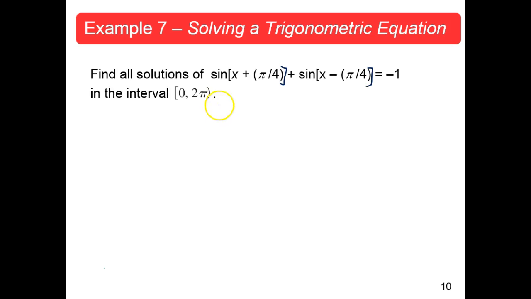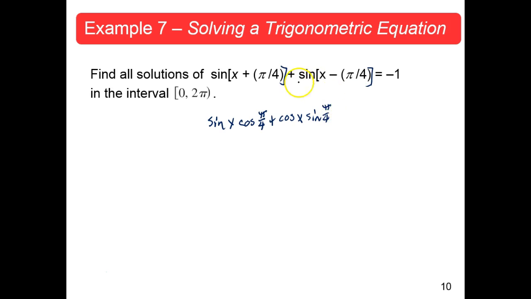Okay. Yeah, the sine of the sum of 2 angles. And that would be sine of x, help me, not sine, cosine of pi fourths. Next, plus cosine x sine of pi fourths.